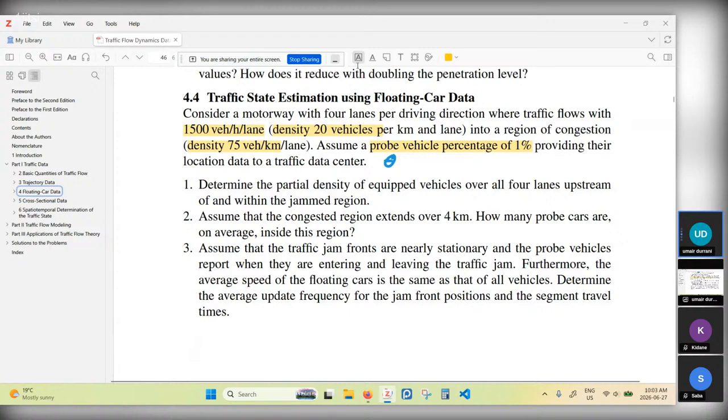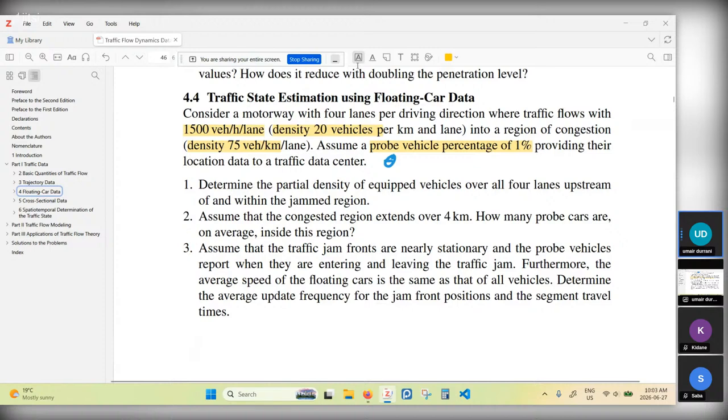So if we have the density given to us for the uncongested region, which is 20, and we also know that only 1% of those vehicles are floating cars, we just simply need to estimate that 1% of 20 vehicles per kilometer per lane.